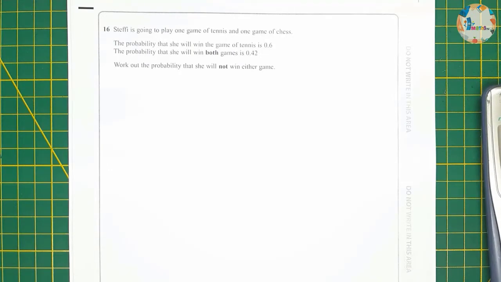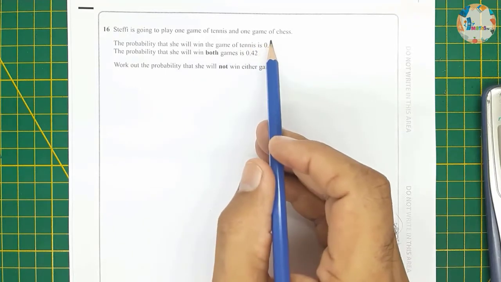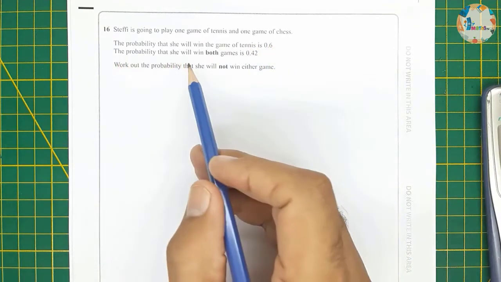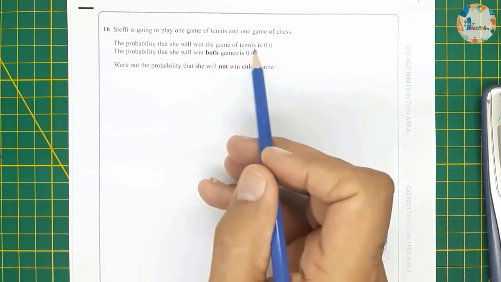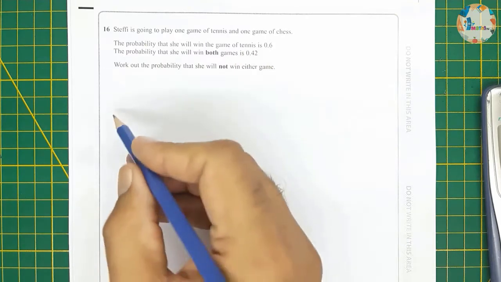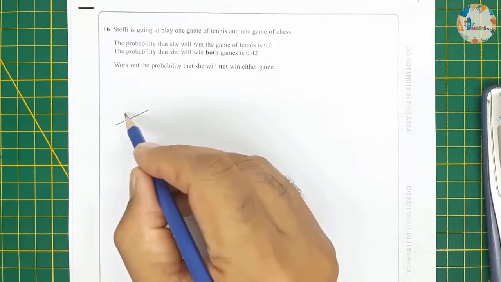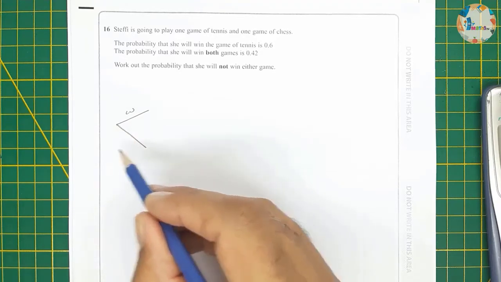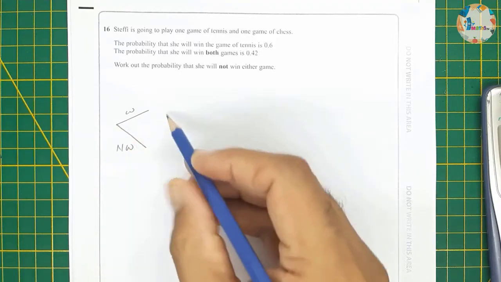Question number 16. Steffi is going to play one game of tennis and one game of chess. The probability that she will win the game of tennis is 0.6. So first, this is win, and this will be not win.